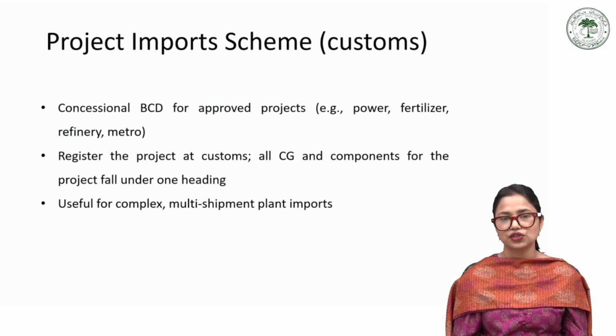You have to register the project at customs. All capital goods and components for the project fall under one heading. It is very useful for complex multi-shipment plant imports. For a huge project like a metro, the exporter or manufacturer would require an assortment of capital imports.